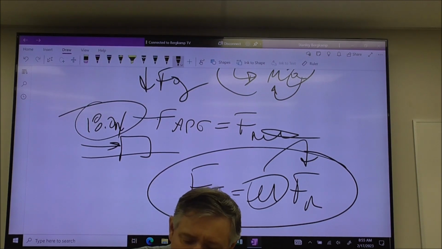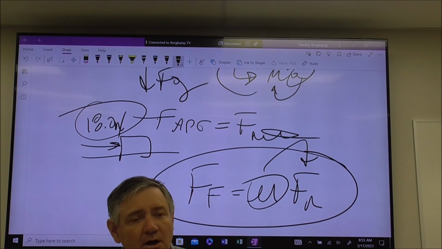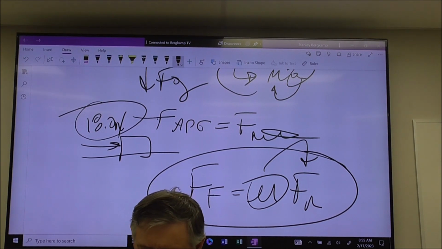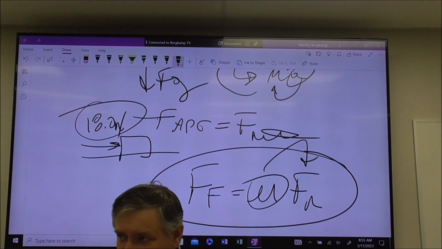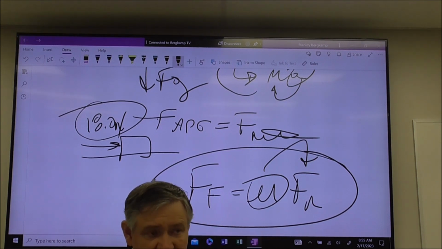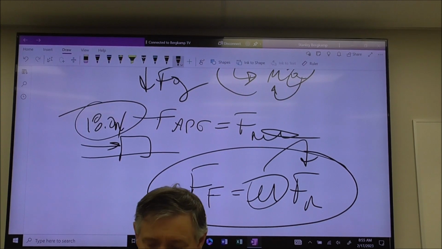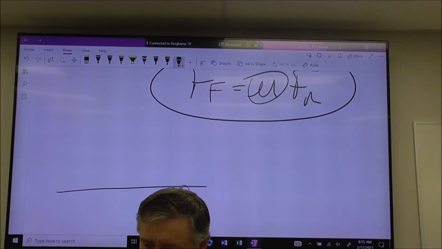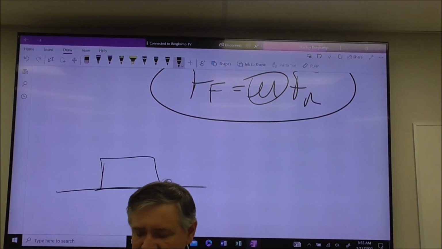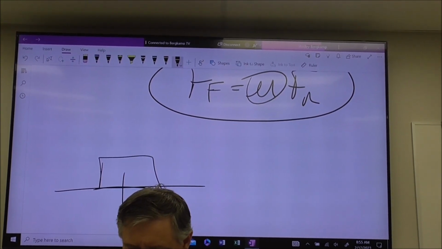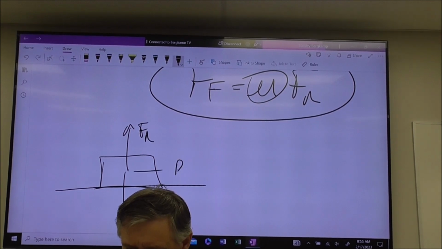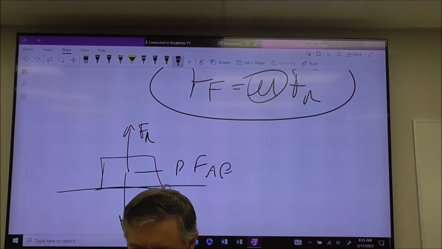Now, when you get to number 6, on another sheet of paper, you're going to draw 2 diagrams to scale. These are not sketches, these are exact diagrams. You're going to have a box like this, and you're going to draw here's my gravitational force, here's my normal force, here's my force applied, here's my force friction.